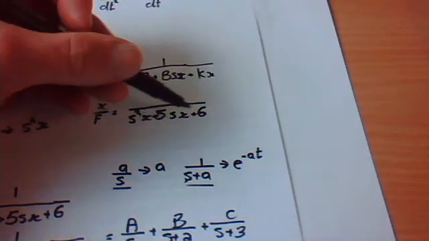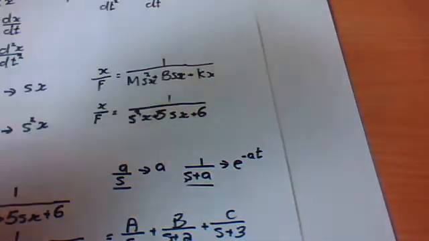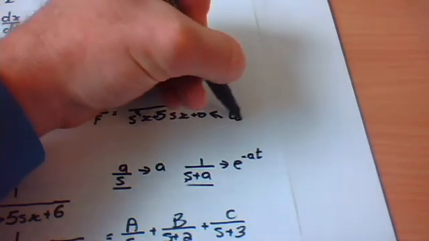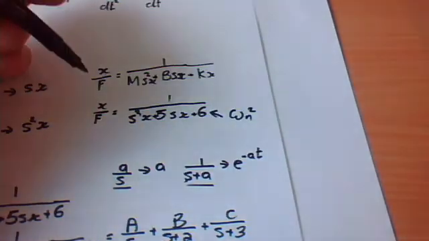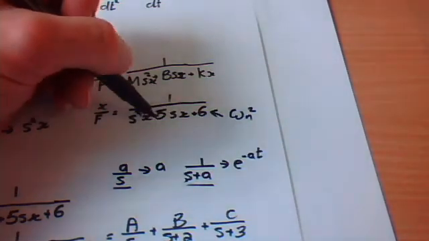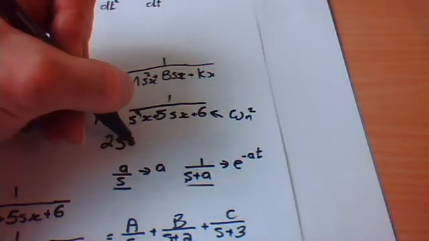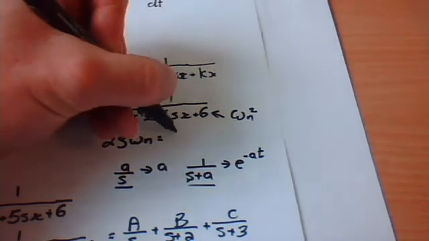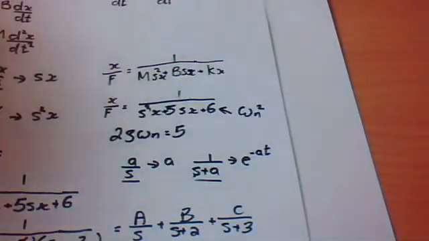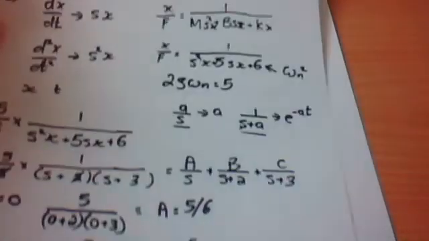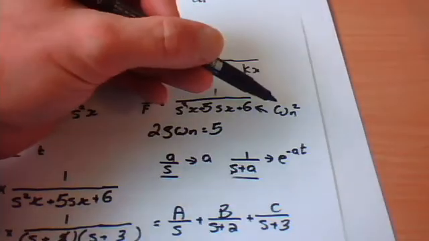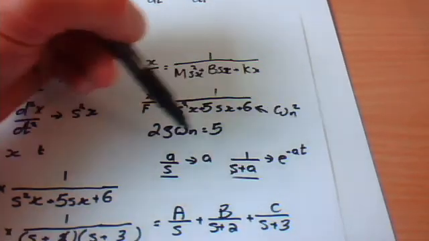Okay, so comparing that, we can see that the natural frequency, omega n squared, is equal to 6. Okay, so we can also see that 2 zeta omega n is equal to 5. Okay, so just solving for that, we know that omega n is the square root of 6.